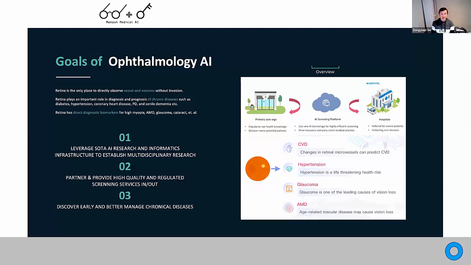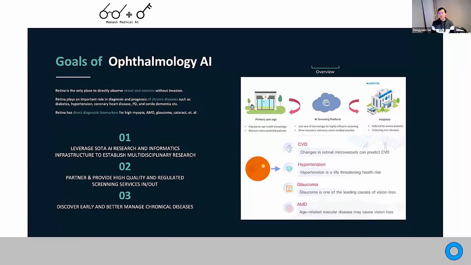And the retina has direct diagnostic biomarkers for high myopia, which is more common these days for young kids, AMD, glaucoma, cataract, for example. So I think the retina is a perfect image source to understand so many things that have been happening inside the body. And with retina plus AI technologies, we can do things not just inside the hospital but outside the hospital as well.